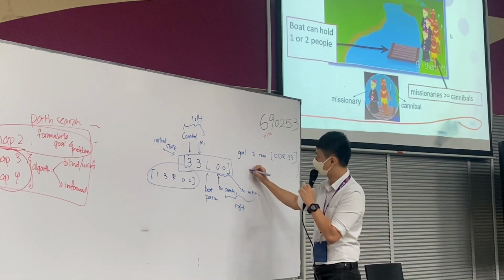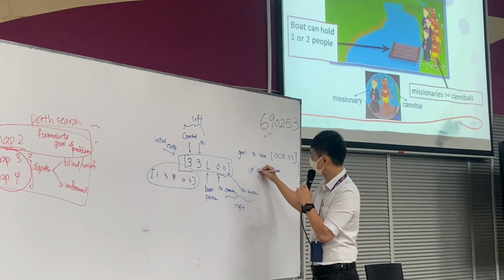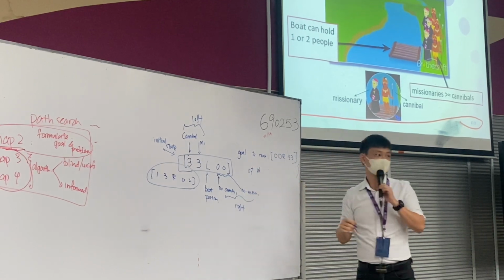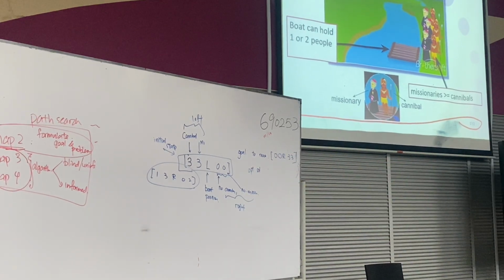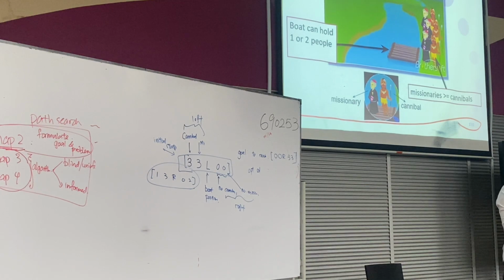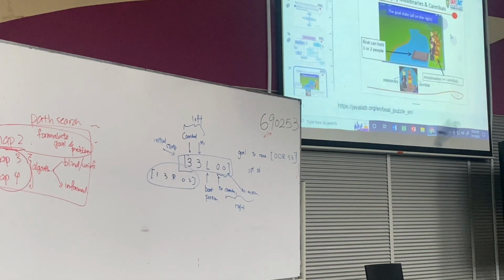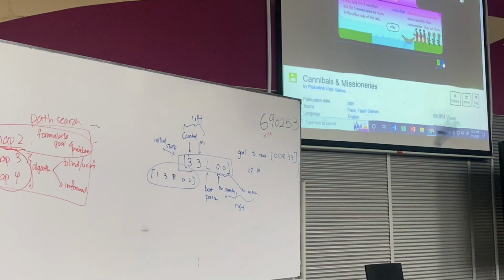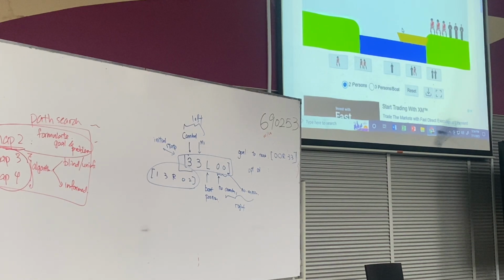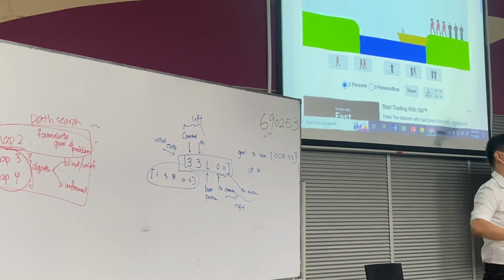So what are the optimal solutions? Go back to the previous questions, right? In the previous case, what is the possible optimal solution that we would like to achieve in this situation?